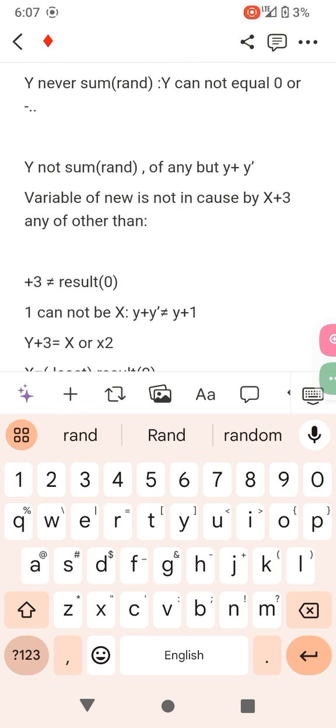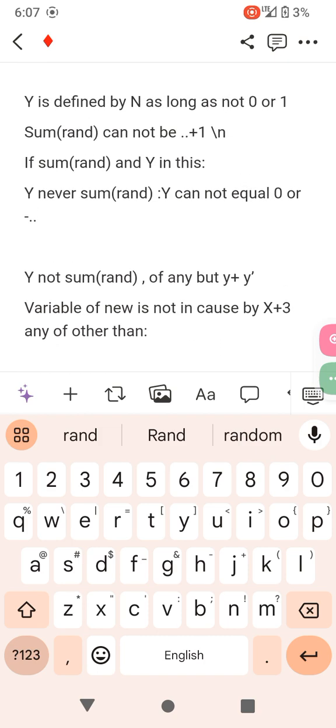And therefore, y, as long as not some random, which it can never be, is variable of nu not in cause by x plus 3, sorry. Meaning variable of nu is not in cause by x plus 3 any of other than following.